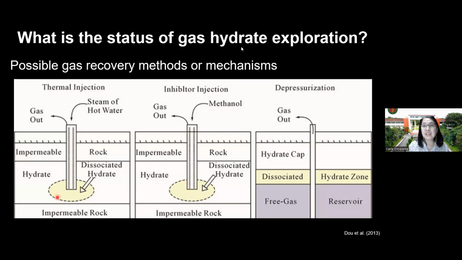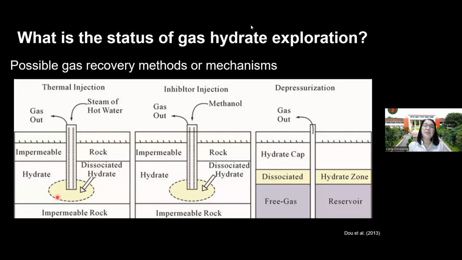So I think in your case, for your studies and for the course that you are in, I think one research topic that you should be looking into, because this is now where really the challenge is when it comes to gas hydrate exploration and development, is the recovery method or mechanism.